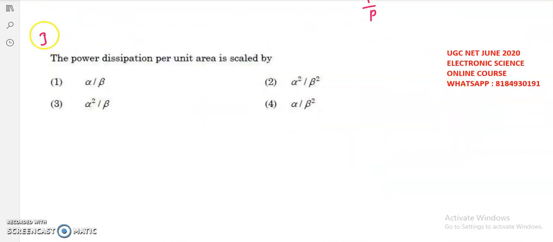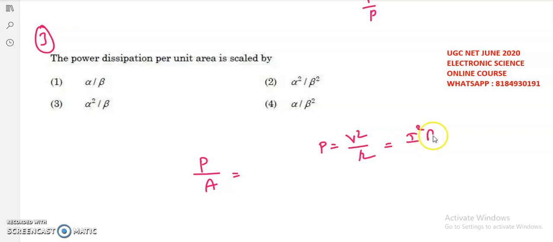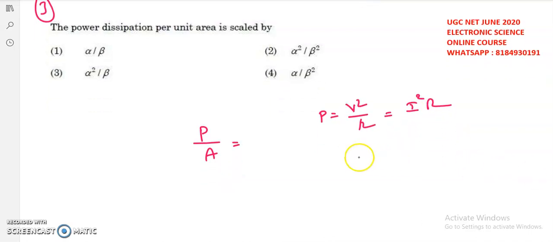Now the third question: the power dissipation per unit area is scaled by. Generally the power formula can be taken as V square by R or I square into R. These are the power dissipation formulas. In V square by R, R is a constant, so don't bother about that one. V square comes from the power supply voltage, and the power supply voltage scaling is done by 1 divided by beta, whole square.